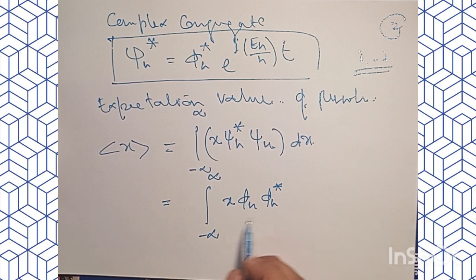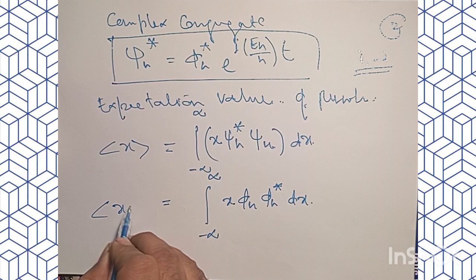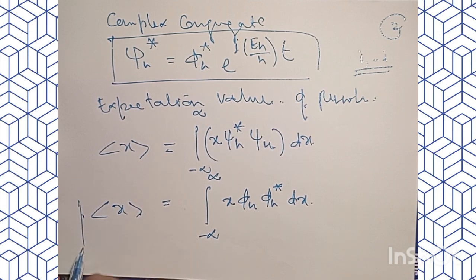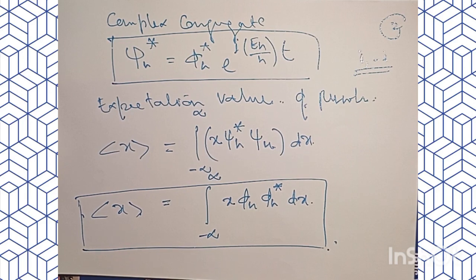So what am I going to get here is this thing. This will give me the expectation value of position of this electron. And we can see that this expectation value is constant in time.